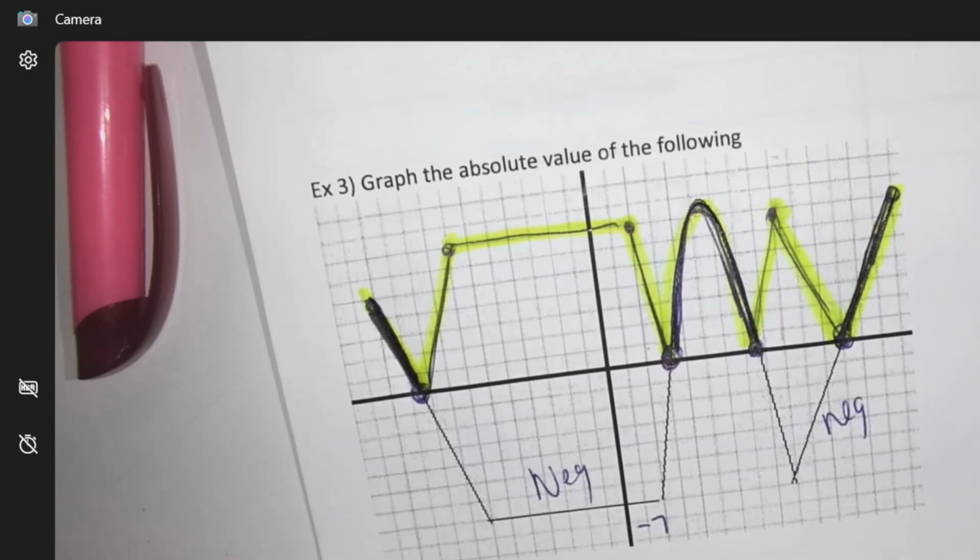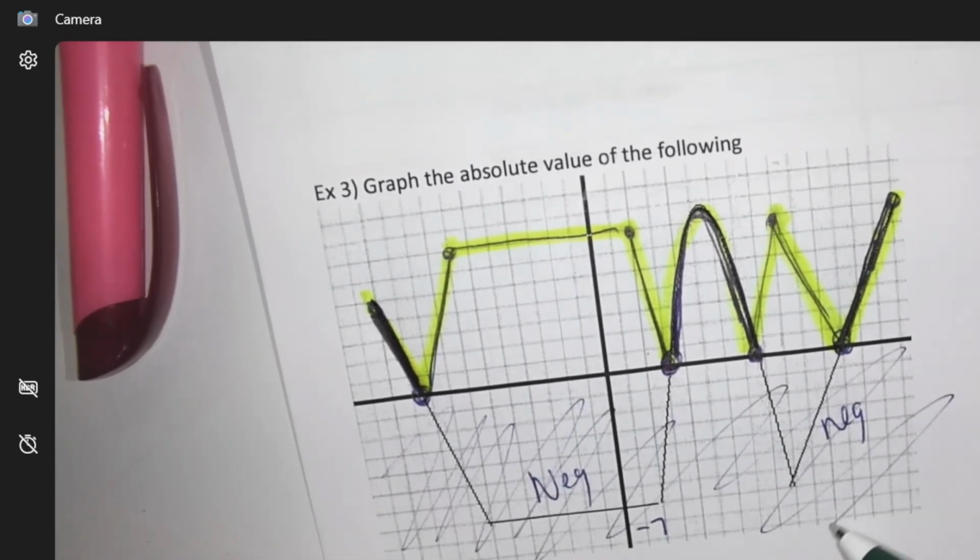So there's my final graph, and again, so like this, there's nothing down there anymore at all.